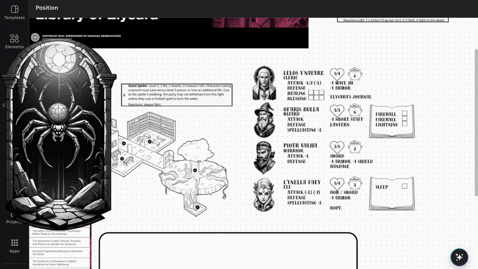Lelos cannot attack from the background, he doesn't have any ranged weapons or solutions. Opharis can use Fireball or Lightning. Fireball can clear the webs too, but we don't need it at the moment. So I think Opharis will use his Lightning spell. Let's roll for this Lightning.